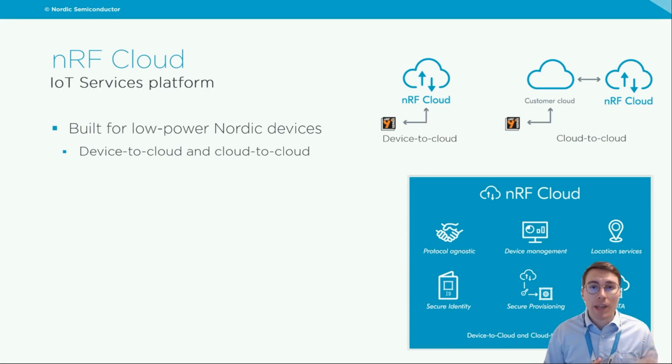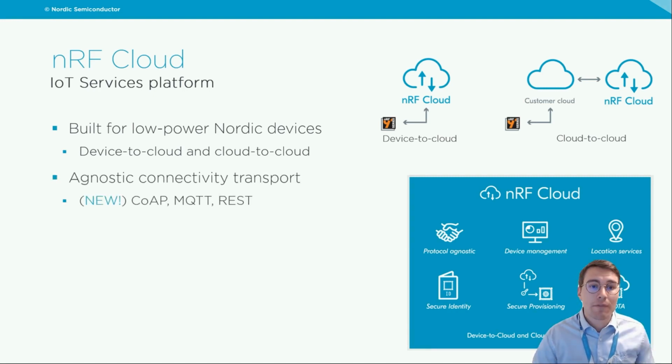That could be location, that could be lower power protocols, communications, etc. You can use it directly by having the devices directly connected to nRF Cloud. That's called device to cloud, or you can have your own customer cloud and talk to nRF Cloud and get the services through REST APIs. This is a nice way of doing things if you have several other cloud vendors using services from other cloud vendors to combine that in your own cloud.